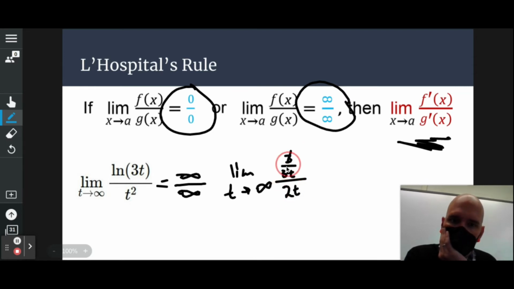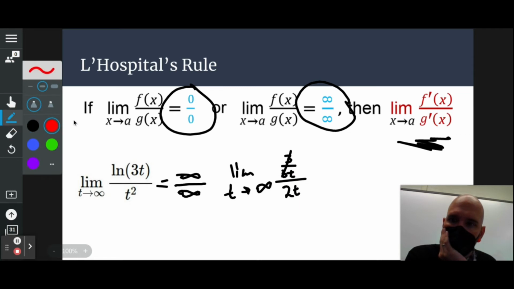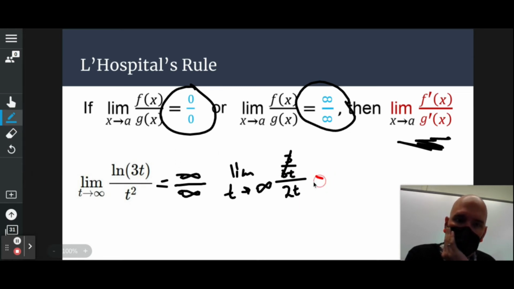So I can cross those 3 over 3t's out. Remember, there's a rule that says if I plug in infinity to a denominator, it turns the whole thing into 0. That's going to become infinity. 0 over infinity is 0.